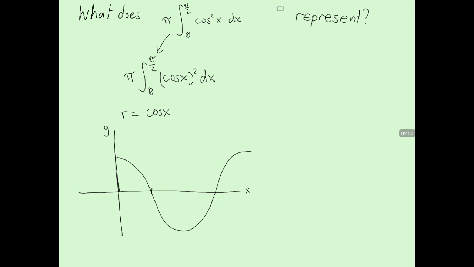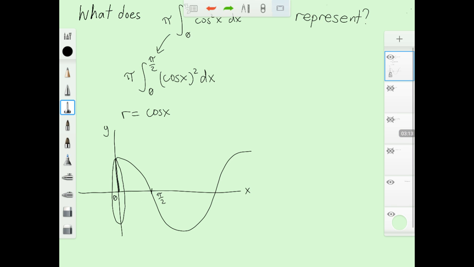So we're going to go from 0 to pi over 2. So this is x equals 0, and this is x equals pi over 2. So essentially, we're finding all of these areas of circles here, and we're going to add it all up to find the volume of this shape.